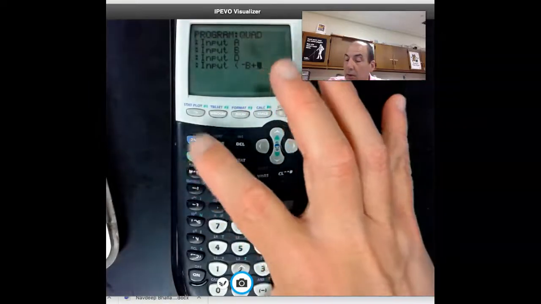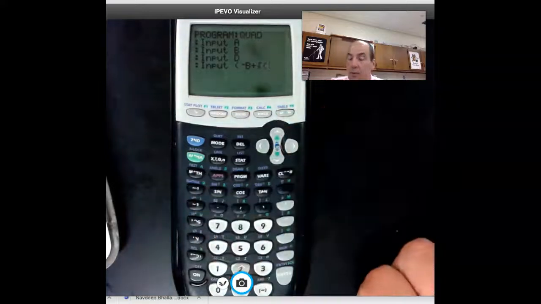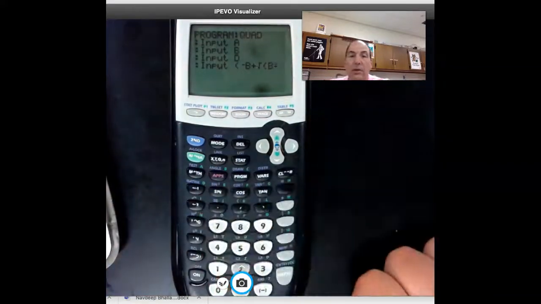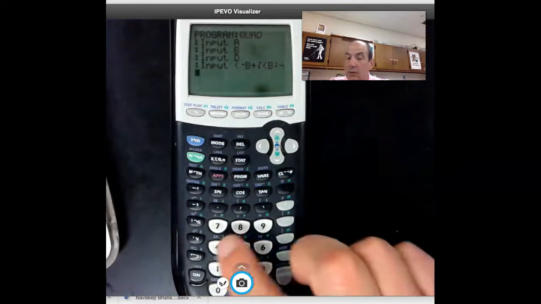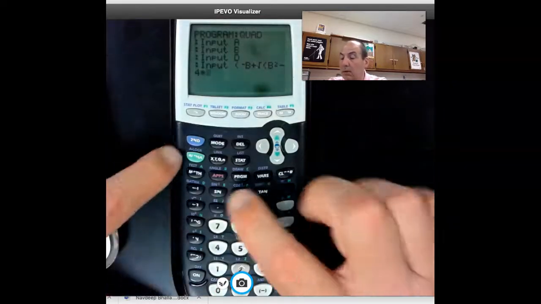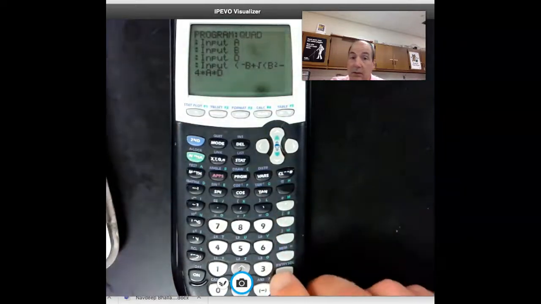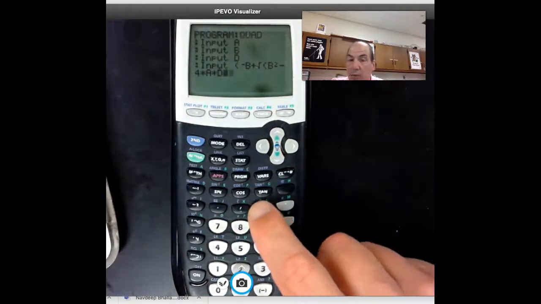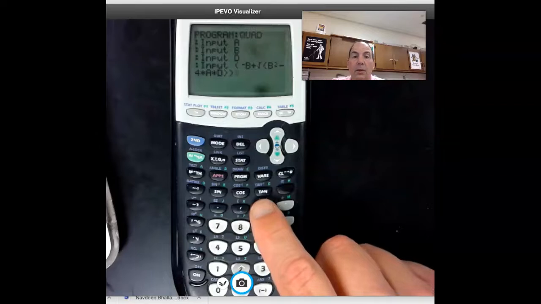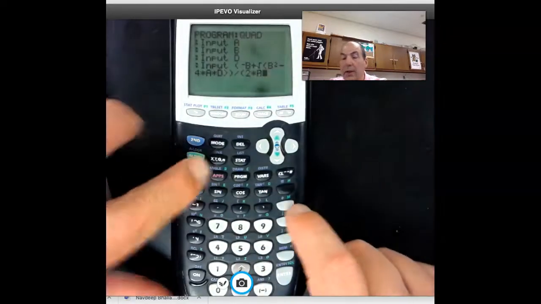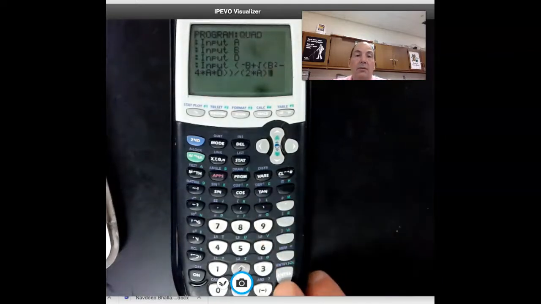So plus the square root of alpha B squared minus 4 times A times C. But C for me, again, is D. Close two sets of parentheses. Okay, and then divide by 2 times A. All right, so there is our first answer. Negative B plus the square root of B squared minus 4AC divided by 2A.